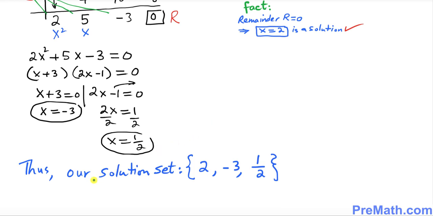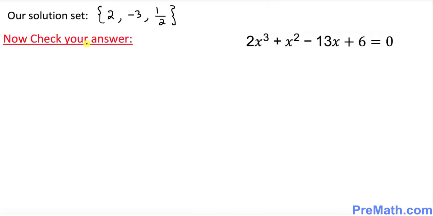Thus, our solution set turns out to be 2, the one we already got, and then the other ones are negative 3 and 1 over 2. Now in this step, finally, we want to check our answer. So as we figured out, our solution set was 2, negative 3, and 1 over 2. I want you to add all these solutions right up here.